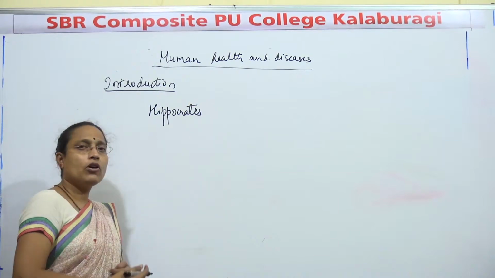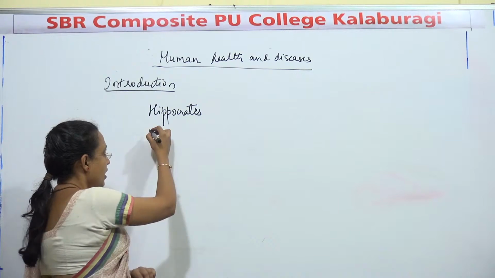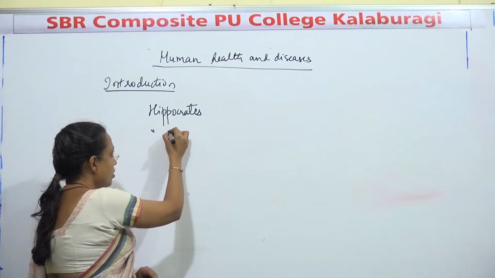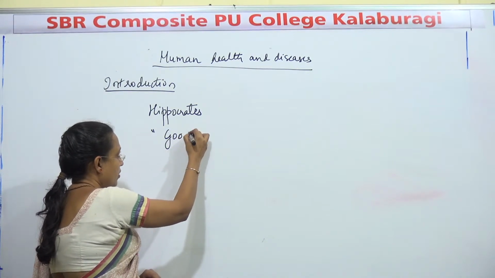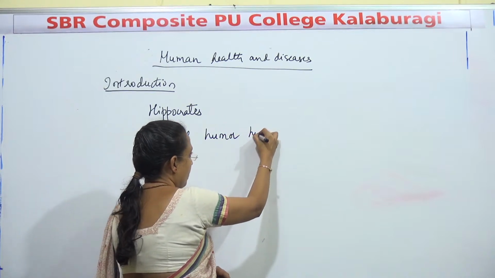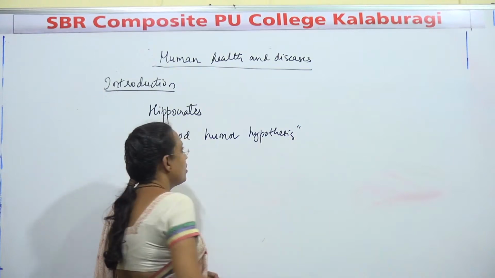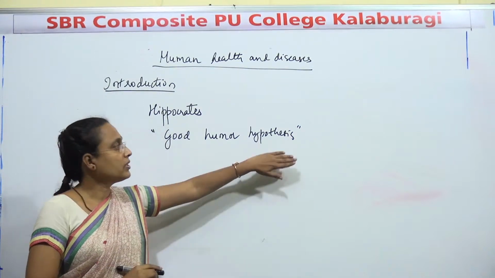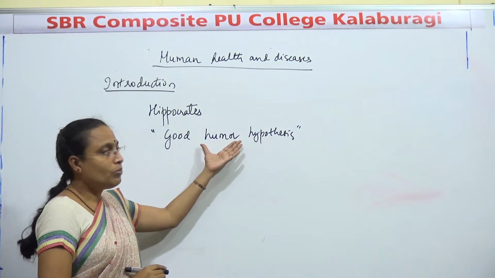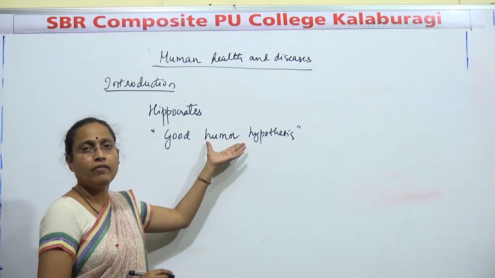So what Hippocrates says in the good humor hypothesis, his theory, is called the good humor hypothesis. As you know, hypothesis is nothing but a theory here. Humor is body fluids. Good humor, good body fluids.